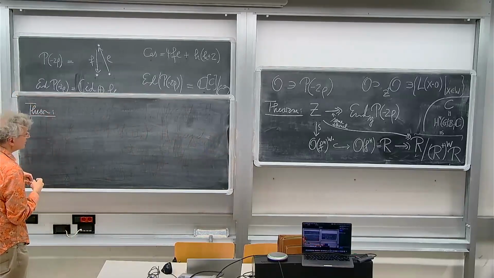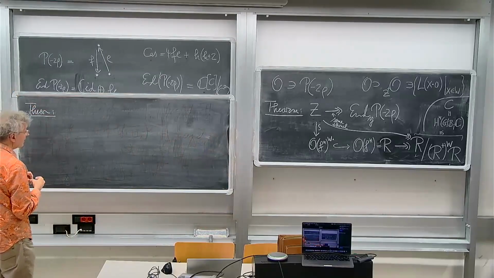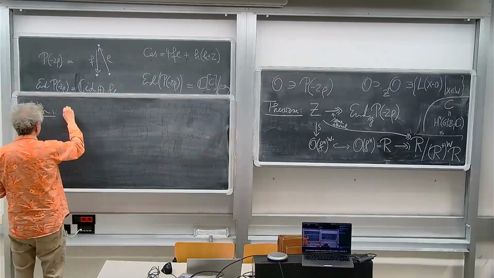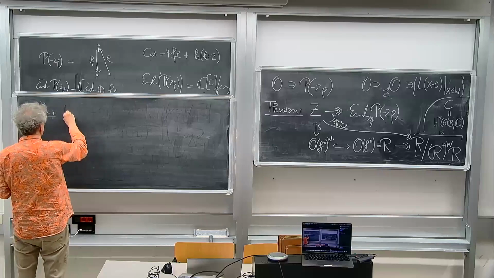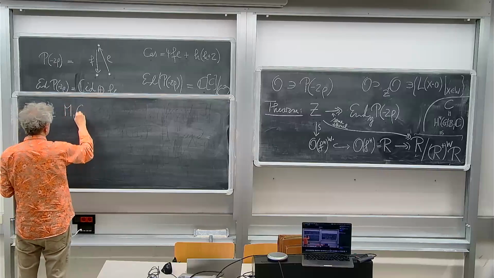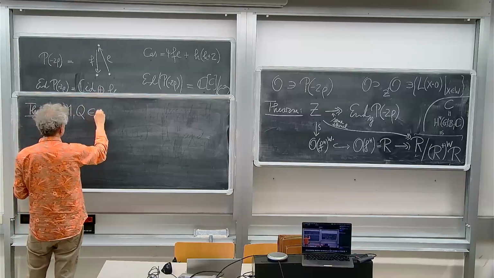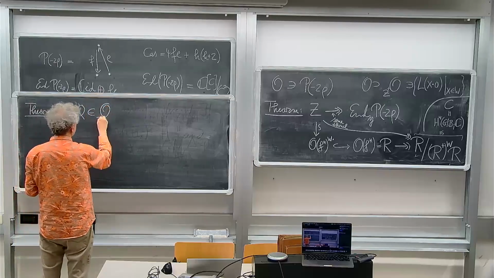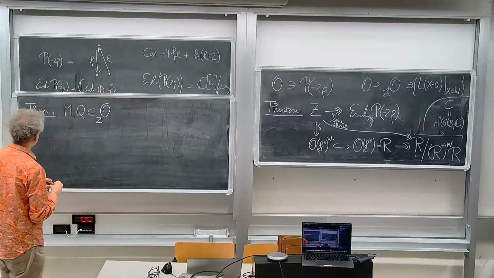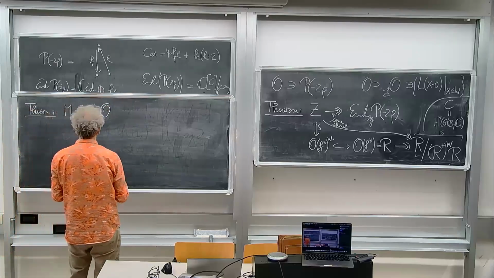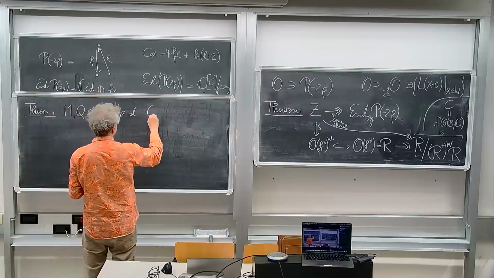Namely, when you have say an arbitrary, you have two modules in the category O in this block, and the second one is projective.